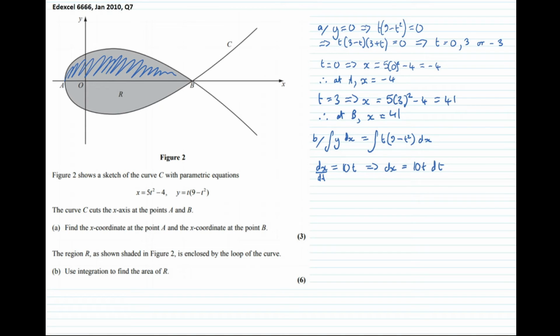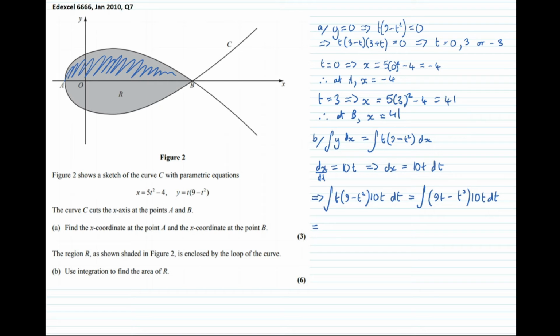So we can then replace the dx with 10t dt, which means we now have the integral of t(9 minus t squared) 10t dt. Let's multiply out the brackets to make this integration easier, which gives the integral of (9t minus t cubed) times 10t dt.